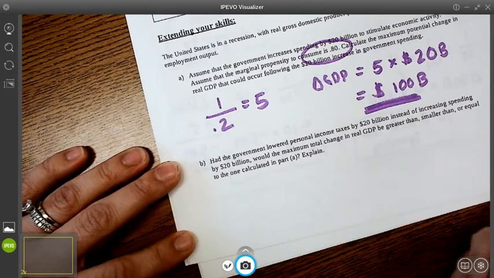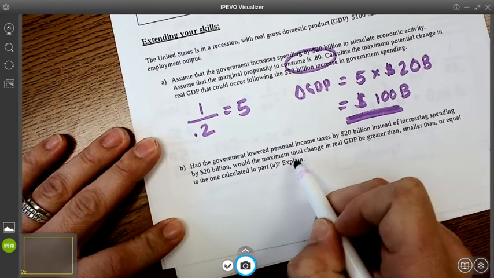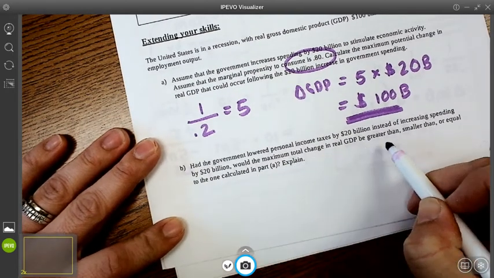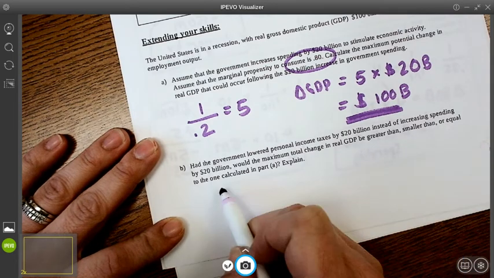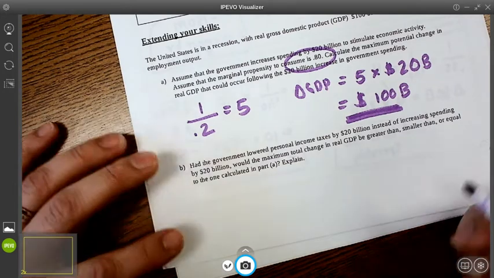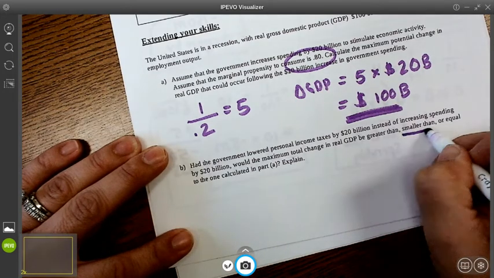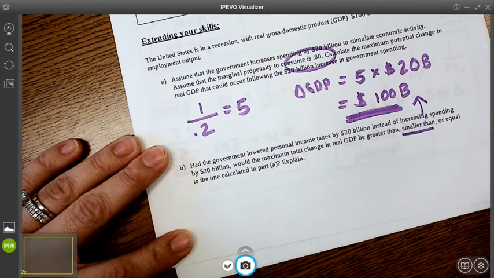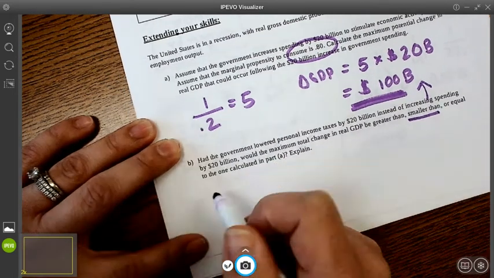So what's going to happen is it says, would the maximum total change in real GDP be greater than, smaller than, or equal to the one that you calculated in Part A? The GDP will not grow as much, and it will be smaller than what we calculated here in Part A, because here's one way to answer it.